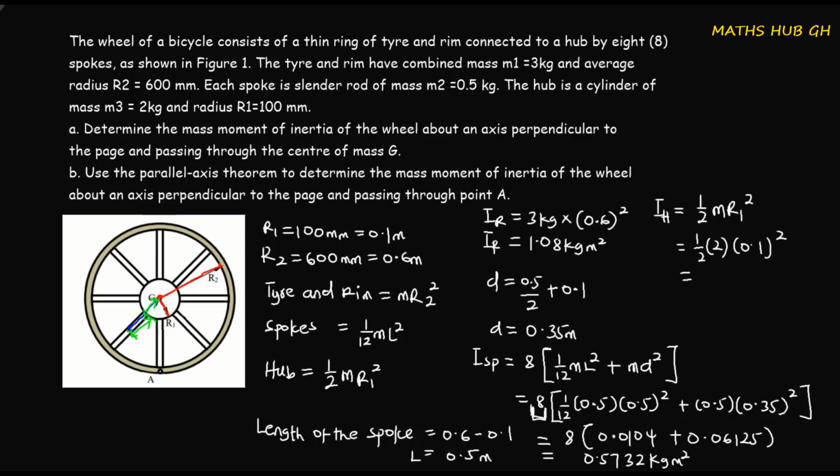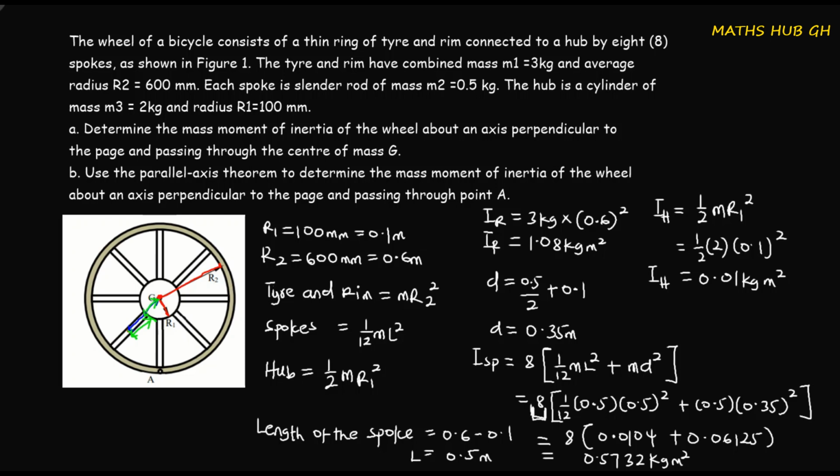So let's simplify this and see. So half times 2 times 0.1 squared. That gives us a value of 0.01 kilogram meter squared. So this will be the mass moment of inertia of the cylindrical hub.